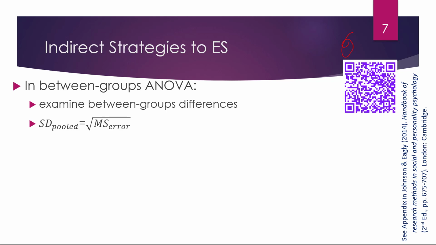So we're going to assume the between groups ANOVA strategy here and examine mean differences between groups. And I've already said the mean square error will give you the pooled standard deviation. So we know from the logic of analysis of variance that the mean square error is in the denominator, and the mean square effect is in the numerator.